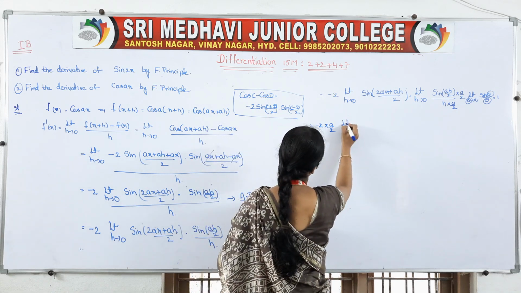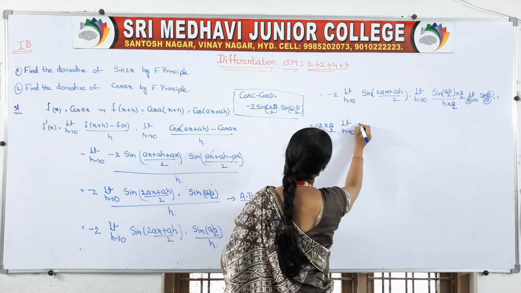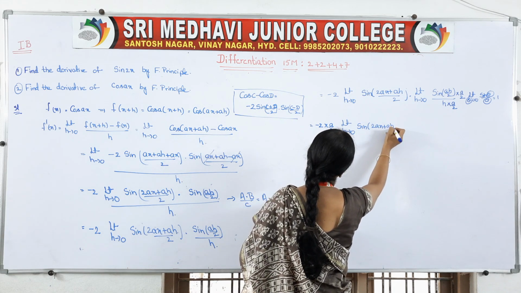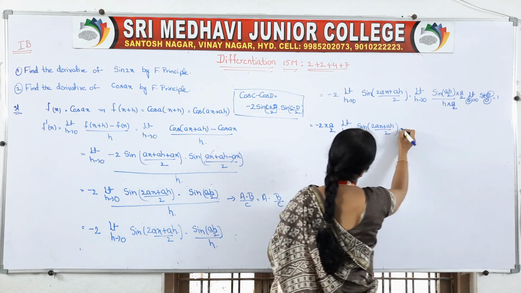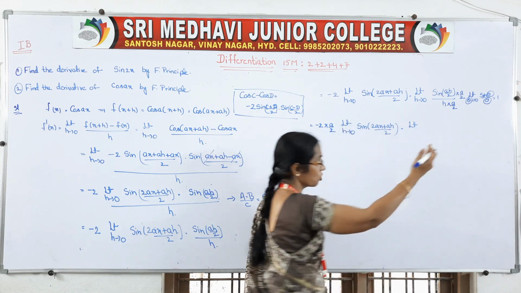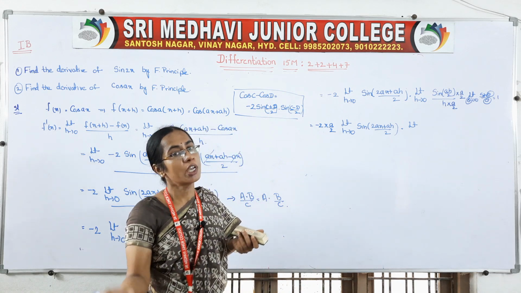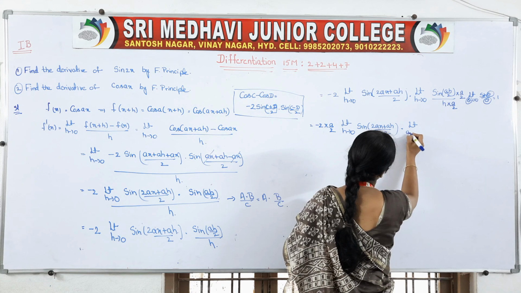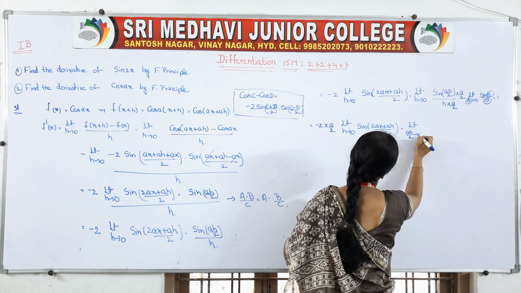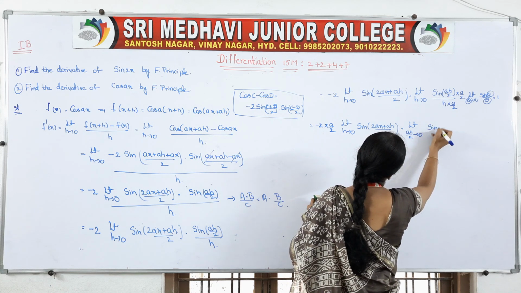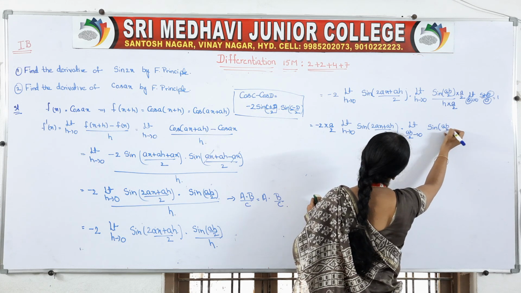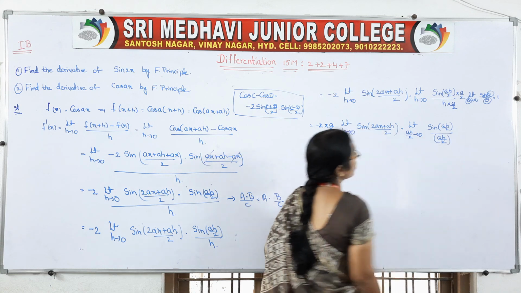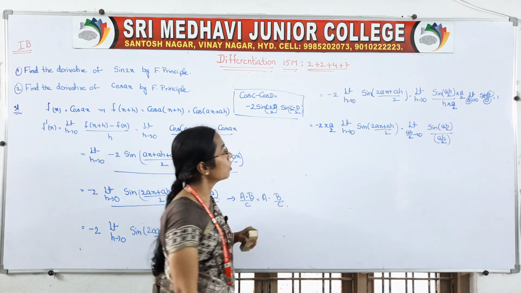Then you will have limit h tends to 0 sine of (2ax plus ah) by 2 into the limit where, if h tends to 0, the h value is 0. If we multiply anything with h, it will be 0 only. So ah by 2 tends to 0, and it is sine of ah by 2 over ah by 2. Its value is equal to 1 now.